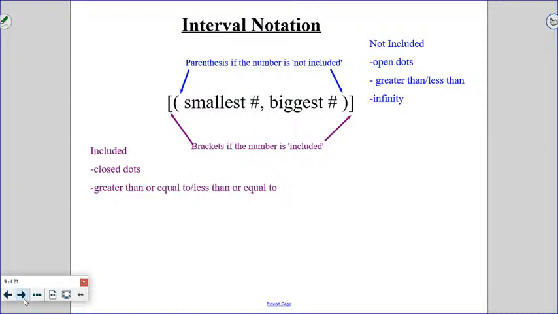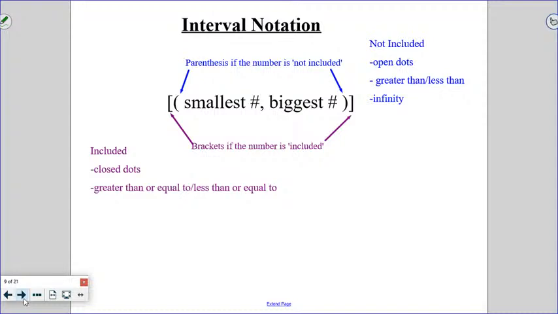Okay, next we're going to talk about the topic of interval notation. And I do want to address a little bit, interval notation is what we will use in this class on the daily for the rest of the semester. And by that I mean year. We will continue to use interval notation all year, okay?